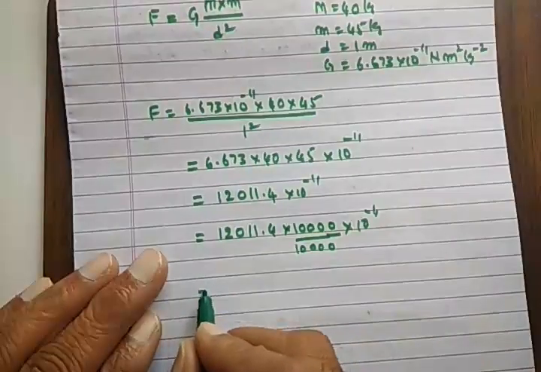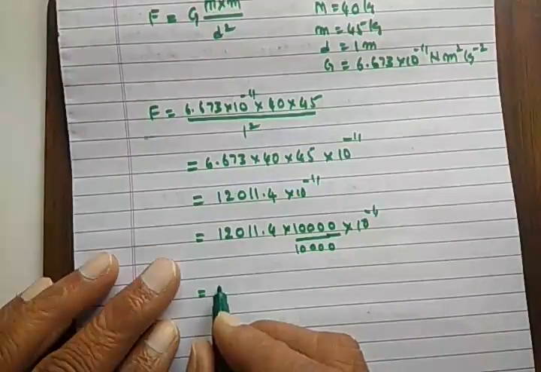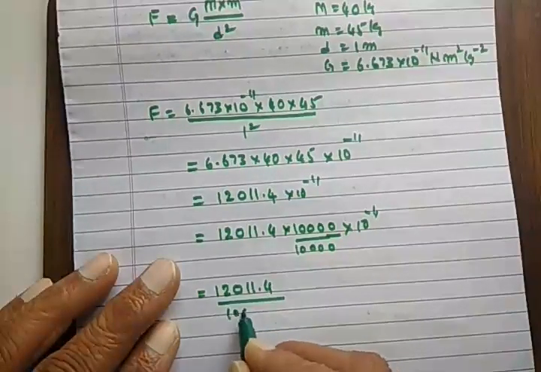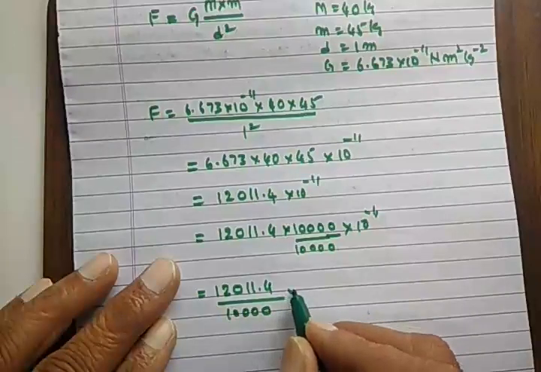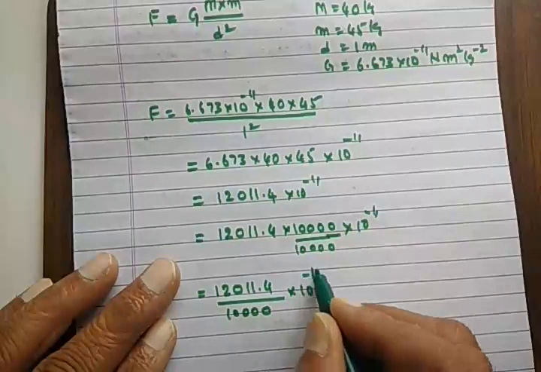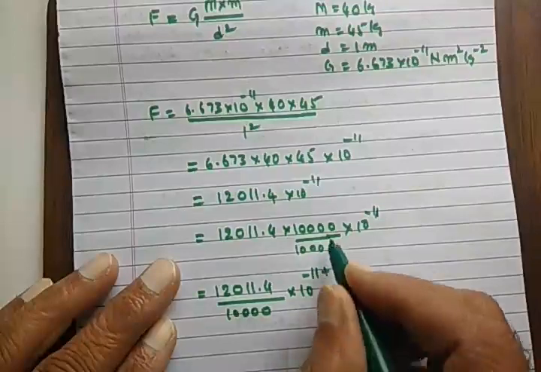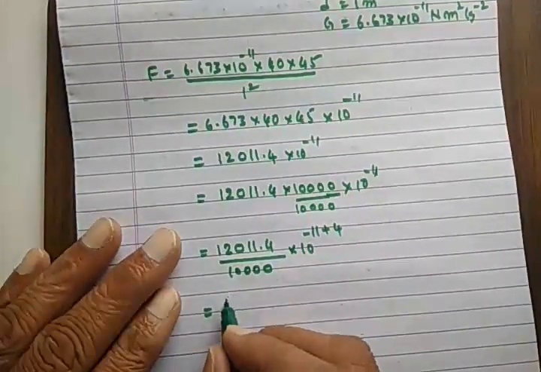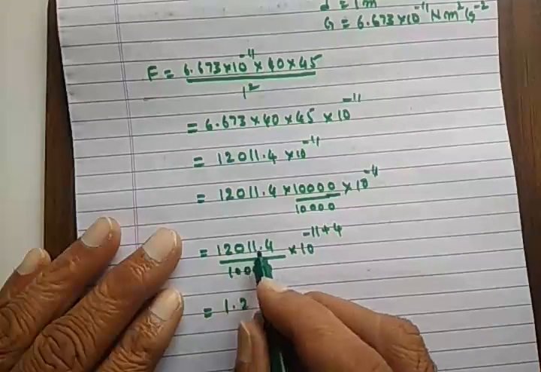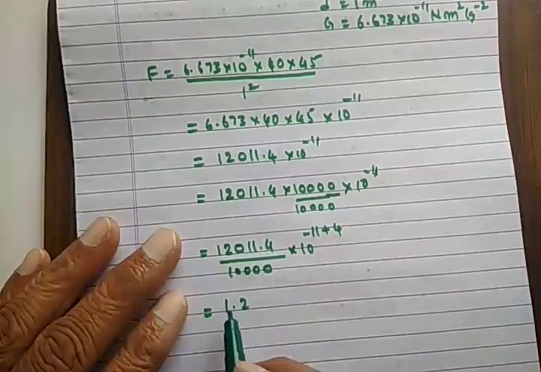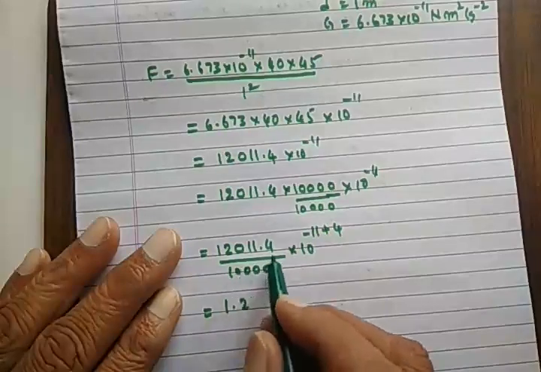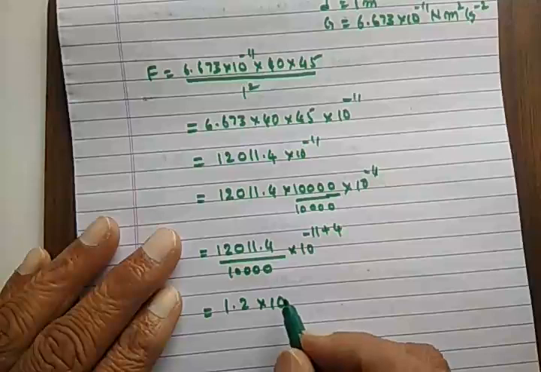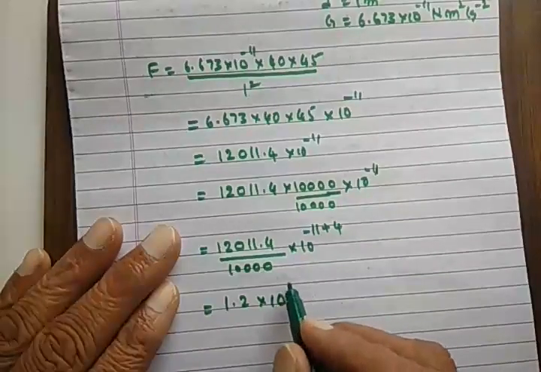So this 12011.4 divided by 10,000, whereas here it is minus 11 plus 4. So this will become 1.20114, so I will ignore the rest. I'll round it to 1.2 into 10 to the power of minus 7.